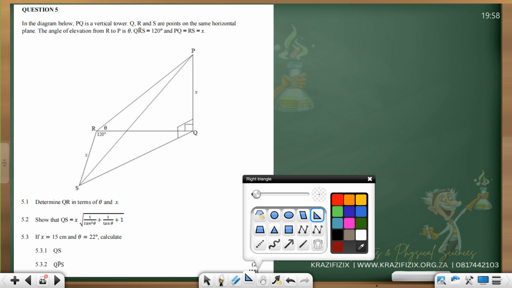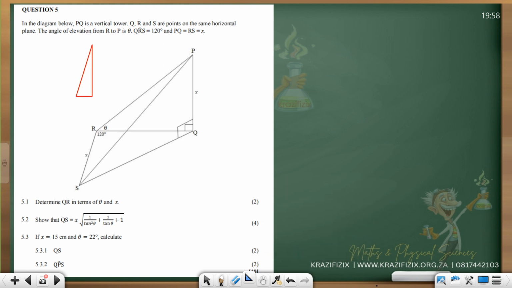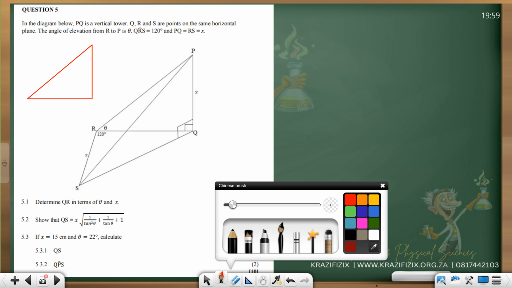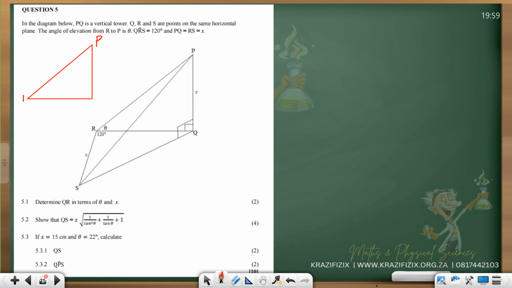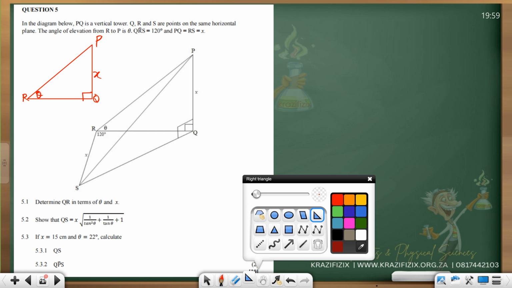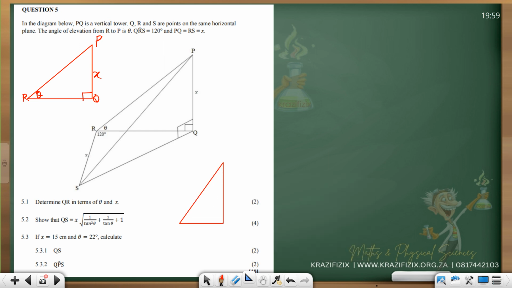Okay, what triangles do you see? Look at this. I've got a triangle here labeled PRQ. That is X. And that is theta. There's another right angle triangle. I'm not going to draw it like this, I'm going to draw something simple.